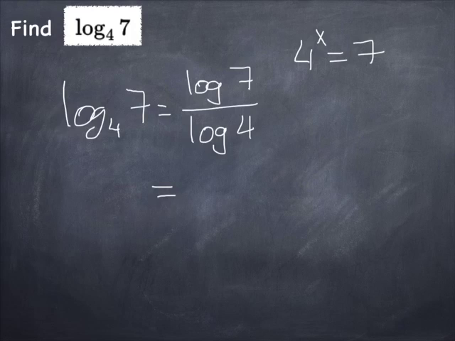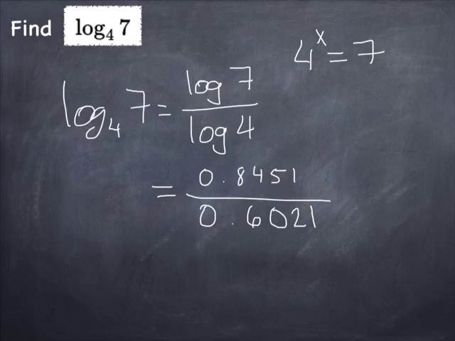The log of 7 is 0.8451. The log of 4 is 0.6021. And if I divide the log of 7 by the log of 4, I get an answer of 1.4037.